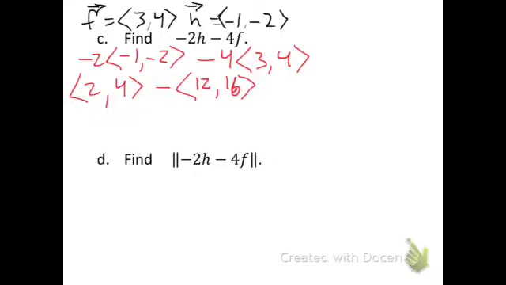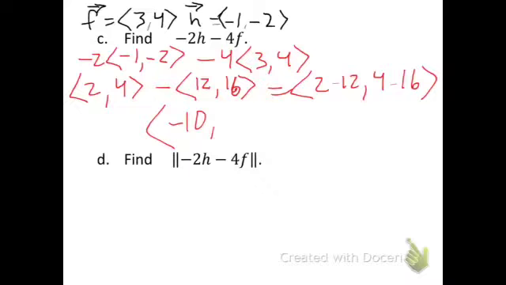And now that we have that, we can do the subtraction. You subtract corresponding terms, so 2 minus 12, 4 minus 16. And so 2 minus 12 gives us -10, and 4 minus 16 gives us -12. So this is 2h minus 4f. And we need now to get the magnitude of that.